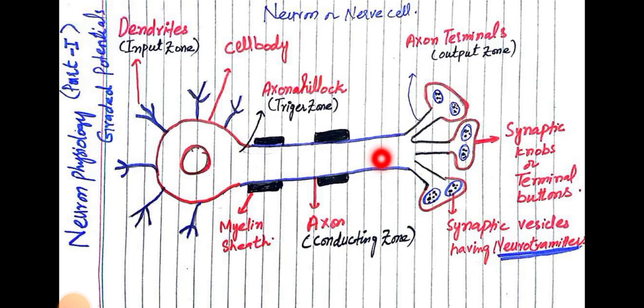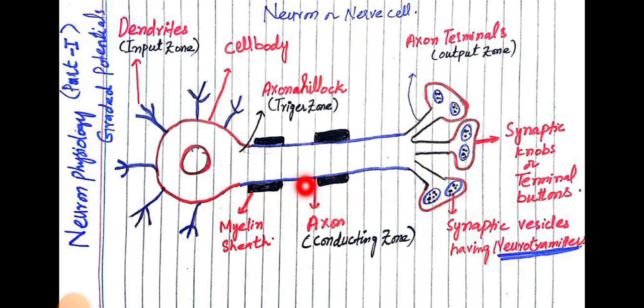At the end of the axon there can be various branches called axonal terminals. They are output zones. At the end of axonal terminals there are round structures that are synaptic knobs or terminal buttons. Inside the synaptic knobs are membrane-bound vesicles having neurotransmitters, as shown in the diagram.